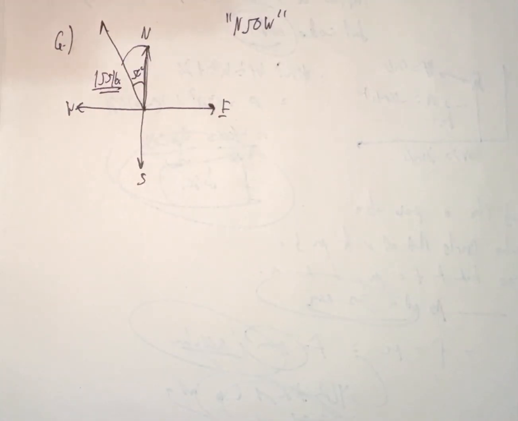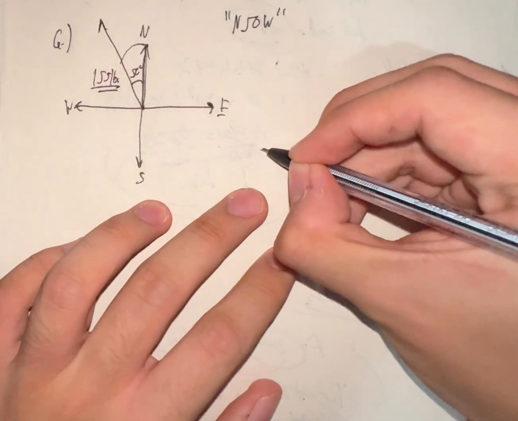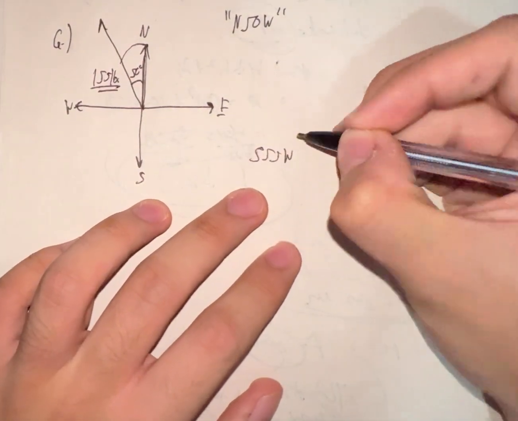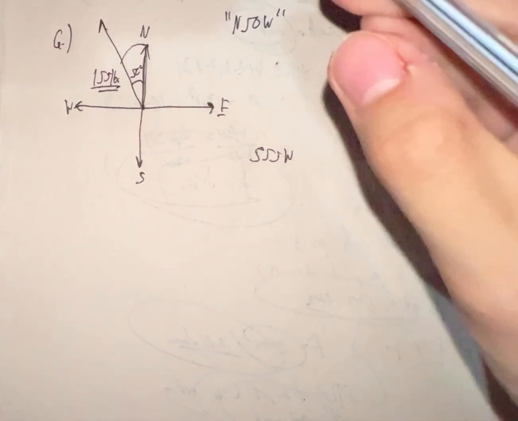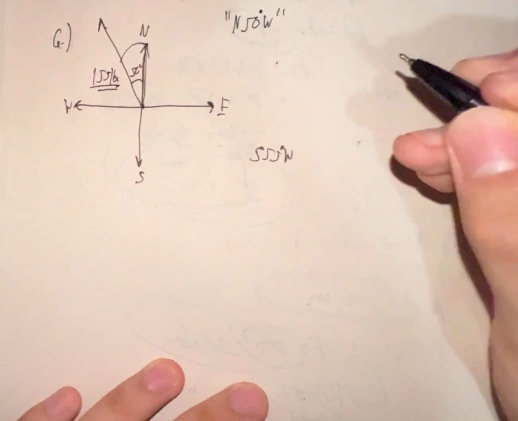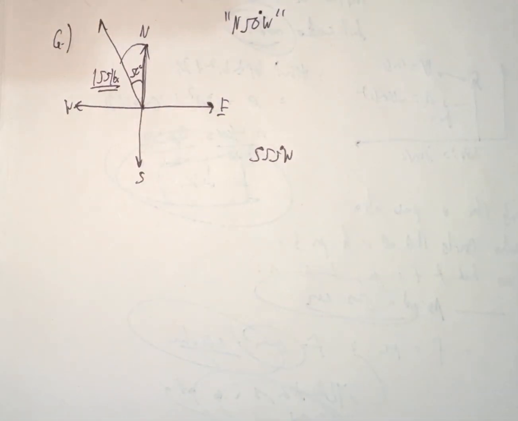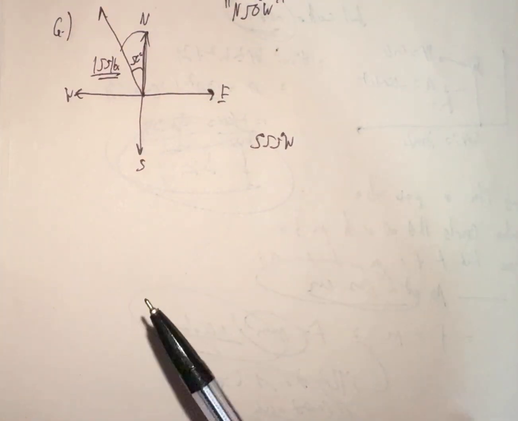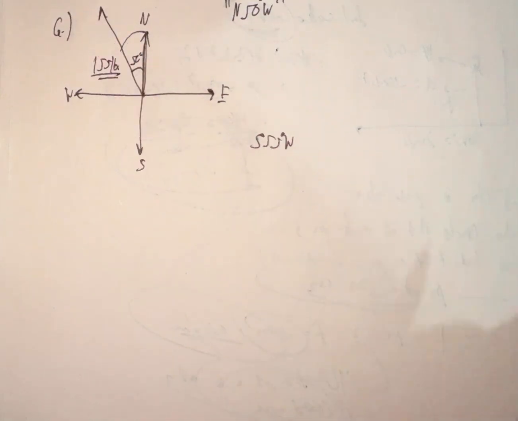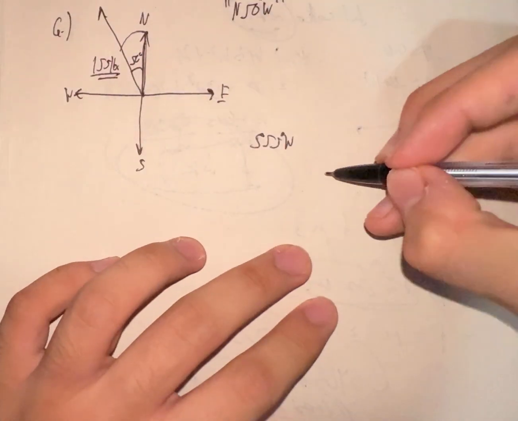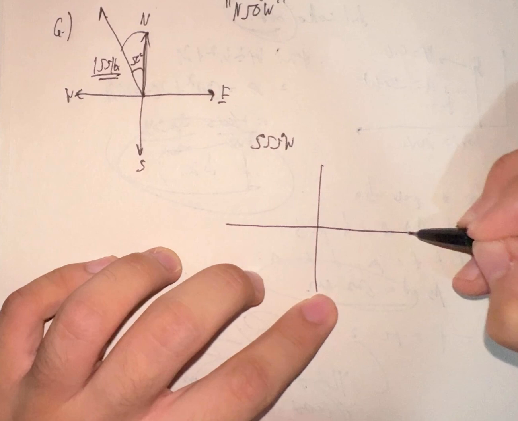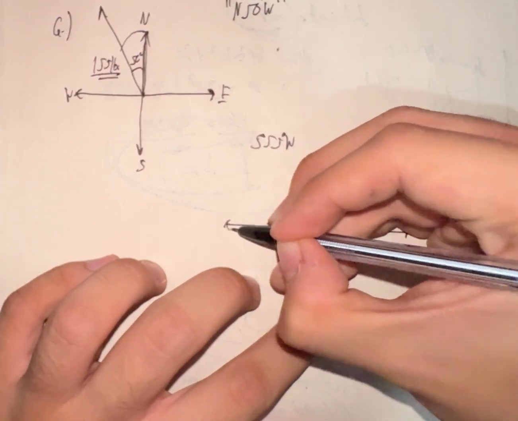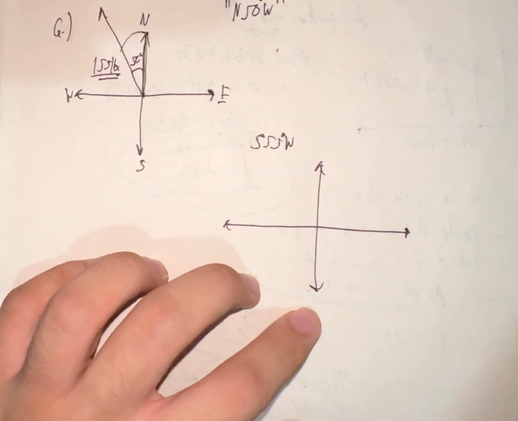For our other vector, we have 305 pounds in the direction of south 55 degrees west. Oh, don't forget the symbol. We could just attach it here, but I prefer to use a separate Cartesian coordinate plane for this one to make it more organized.